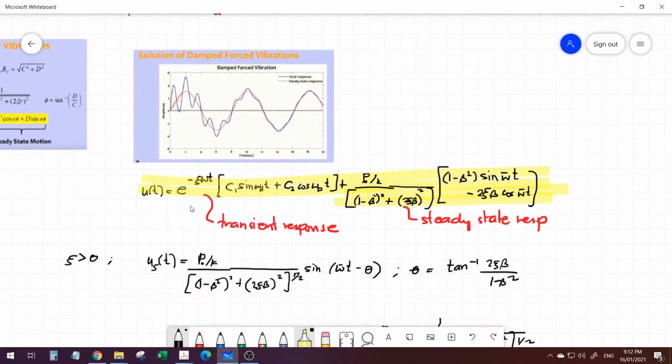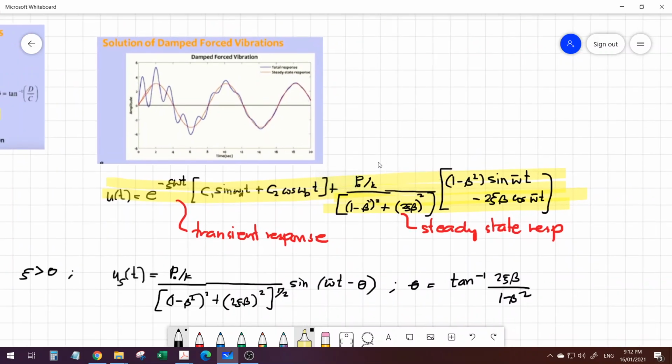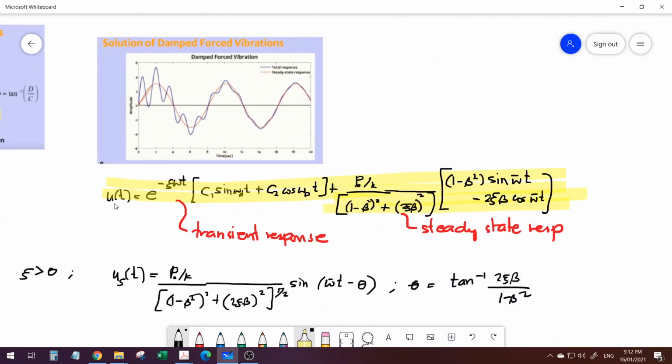I'll just show you the final equation. So this is your solution for damped forced vibration.